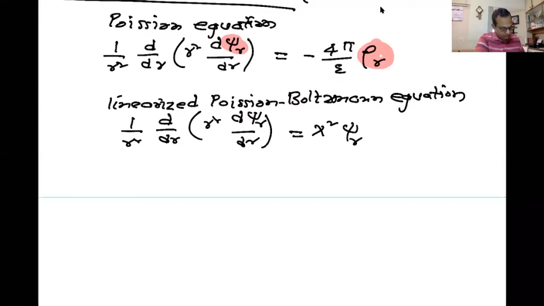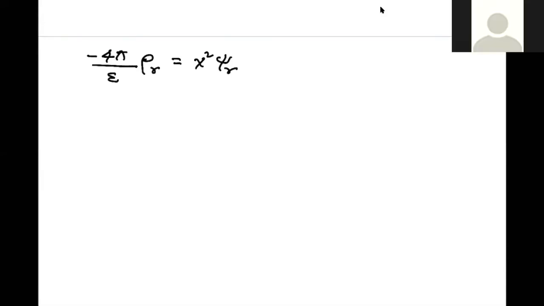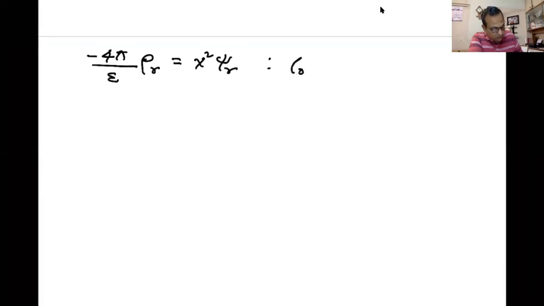So if I equate these two equations, because my left hand side is equal, what I will get is minus 4 pi upon epsilon rho r is equal to chi square psi r. If I rearrange this, my rho r is equal to minus epsilon upon 4 pi, chi square psi r.